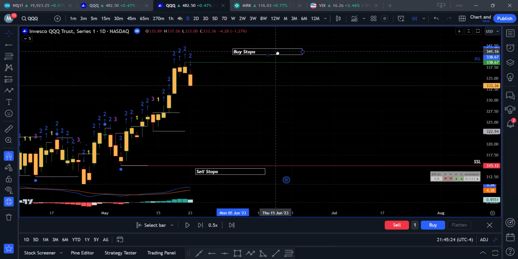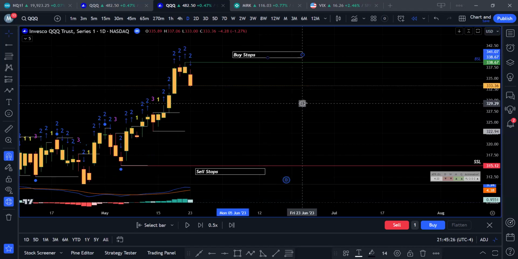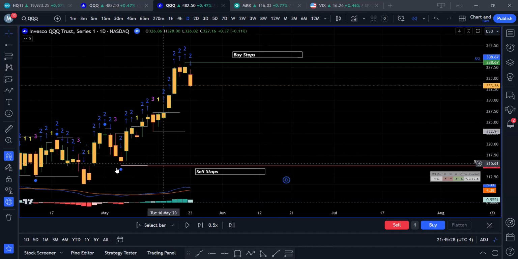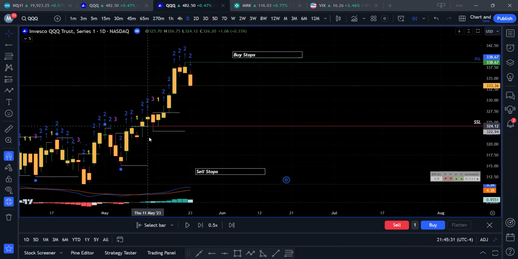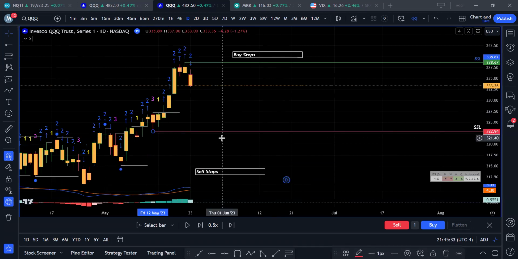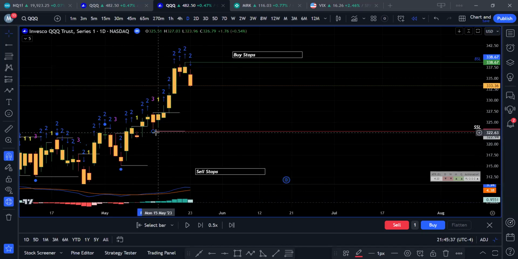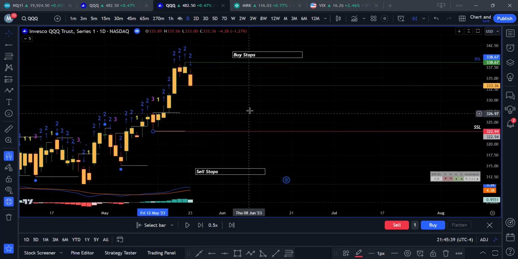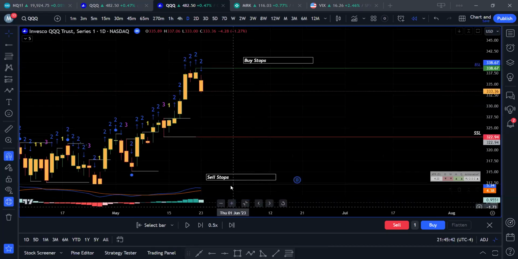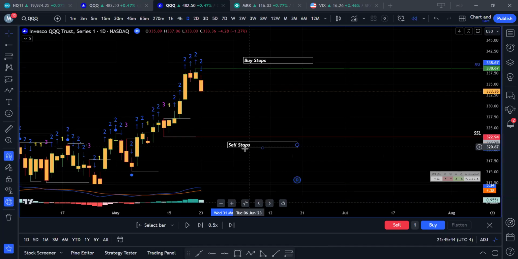And buy stops will be above that. And then new sell side liquidity is going to be here. Again, your most current low, right? So even though we're making higher lows, this is your most current swing low. So sell side liquidity is here, and therefore your sell stops would be here, right?